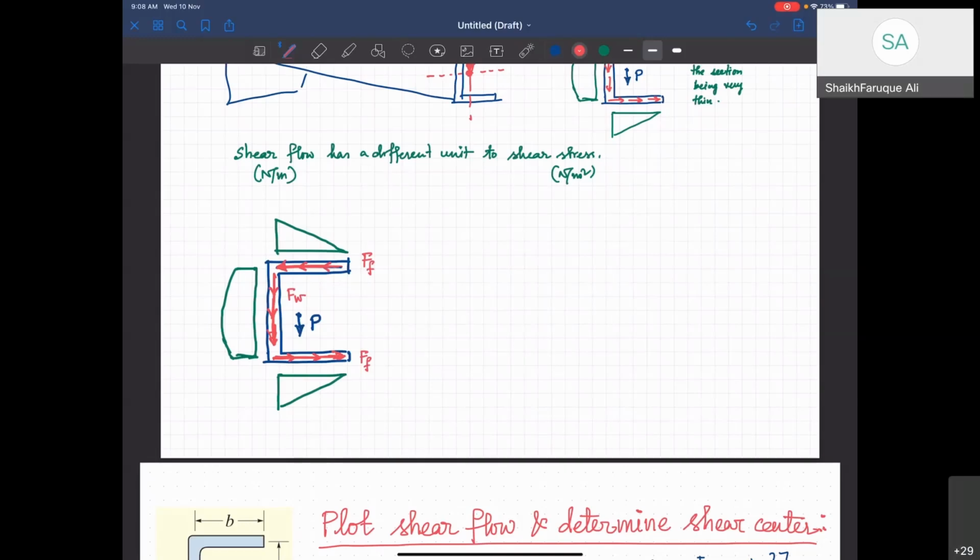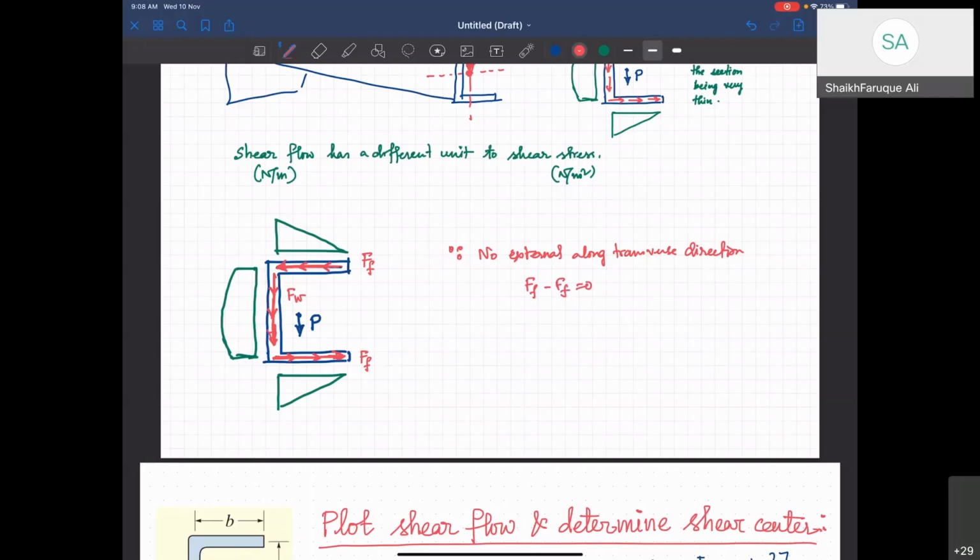Okay. Now, since there is no external force along the transverse direction, we have F_F minus F_F equal to 0, right? So both are going to be equal.